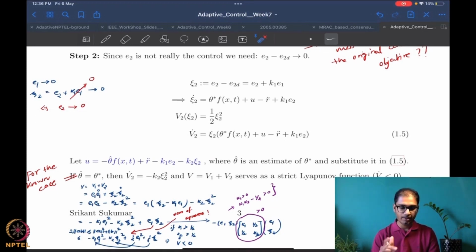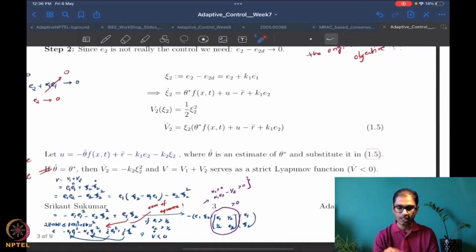So the controller remains with an identical structure. The only thing is now this and this don't cancel out. This cancellation does not happen. So these form an actual difference, which is theta star minus theta hat. Everything else cancels out because they're known, and then this good term is introduced as before also.